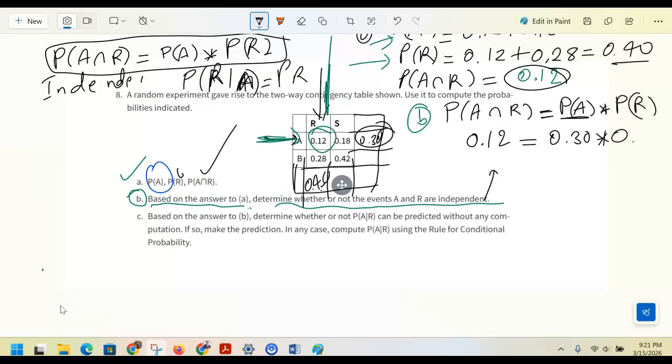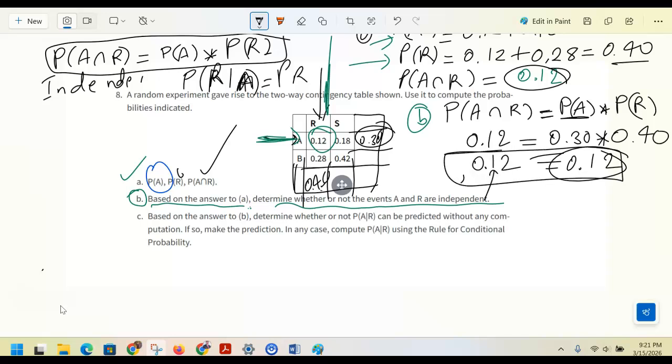If we multiply this, 4 times 3 is 12, and it becomes 0.12, and it is the same answer. So the left side and the right side are the same. So this is correct.